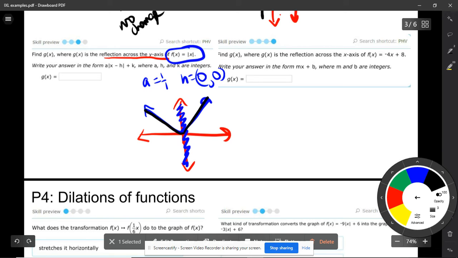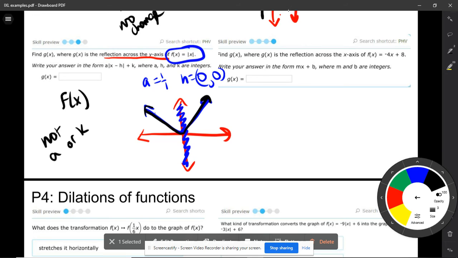Oh my gosh, nothing happened. So what's going to happen here? In reality, I'm not going to change A or K at all. I'm flipping side to side. So what's going to happen here is only my H is going to change.